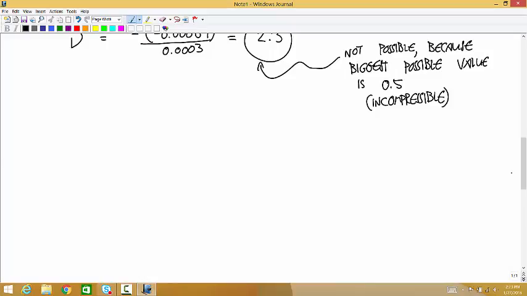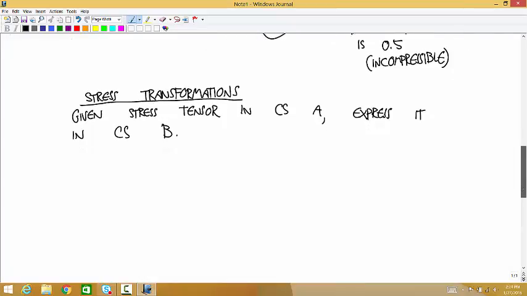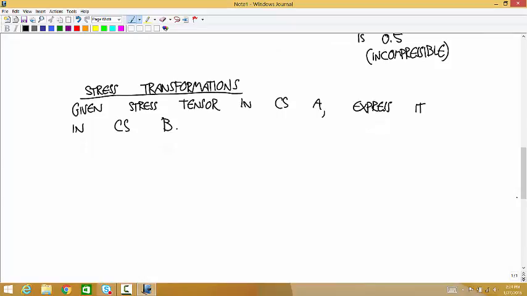Okay, so the next thing we have to talk about is stress transformations. And that is, given a stress tensor in coordinate system A, re-express that stress tensor in coordinate system B. You can do this with vectors, and you can do it with tensors too.